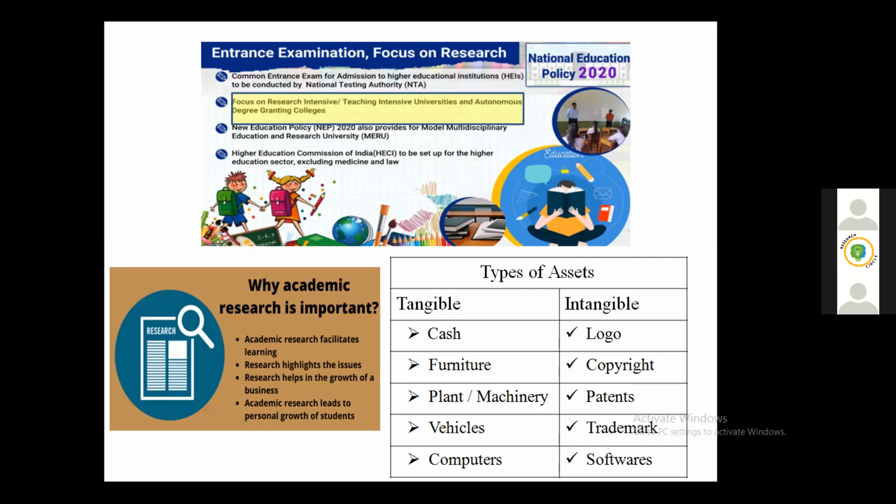So institutions should go to the next level. Instead of simply teaching, they have to carry out research activities to strengthen the teaching-learning process. That is the requirement of this NEP 2020. So it is an unavoidable component in any academic institution to provide a sufficient research component in their academic activities.